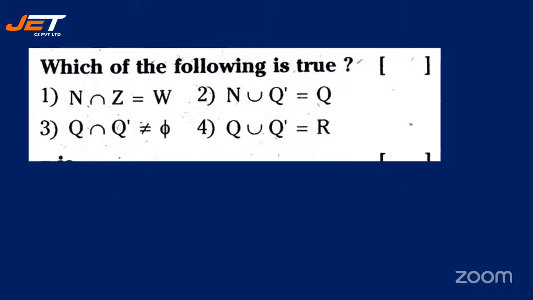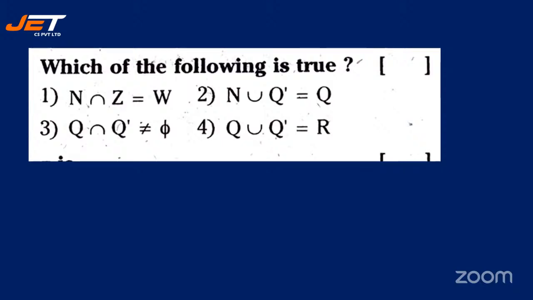Which of the following is true? All right. They are talking about union and intersection of two sets. Which of the following is true? Look at the third option, students. Not equal to null set. All right.